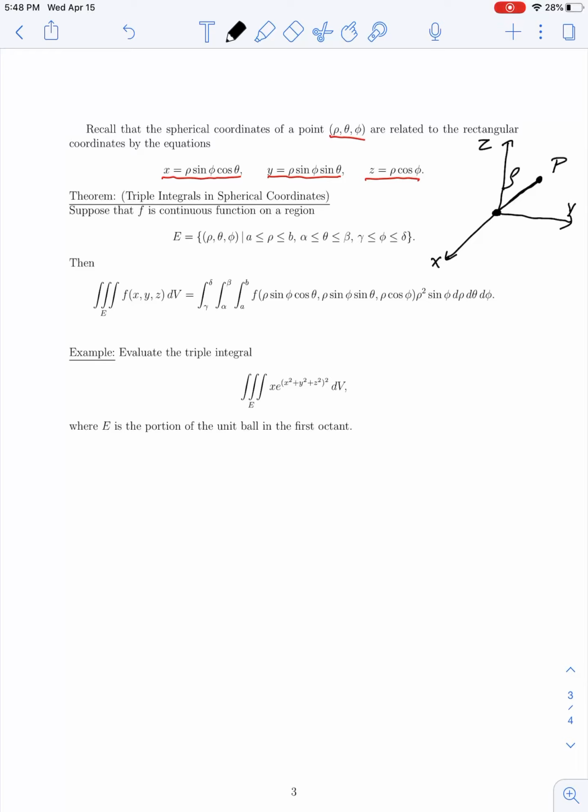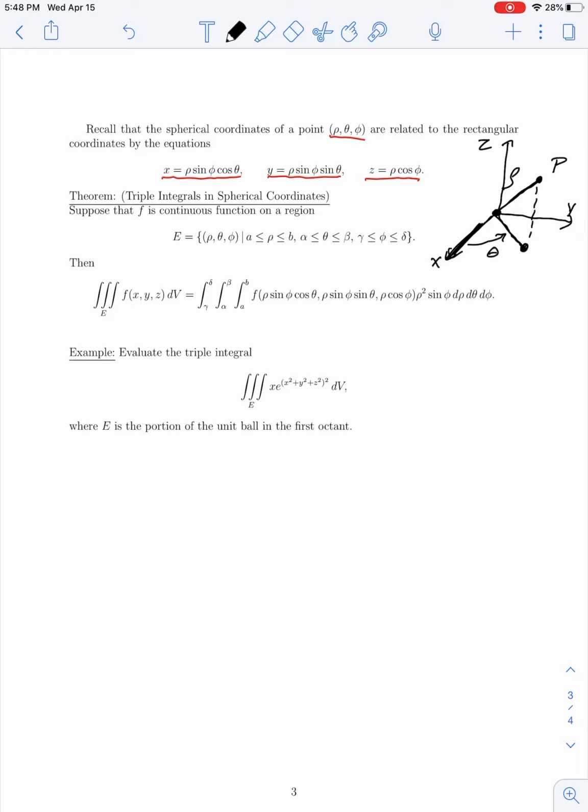Theta is the same as the polar coordinate value of theta. So if we were to think about projecting our point onto the xy plane, theta is the angle that would be formed from the positive x-axis, moving counterclockwise to get to the line segment which connects the origin to the projection of our point in the xy plane.